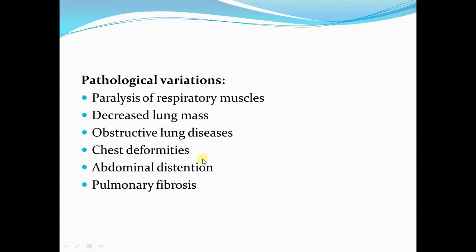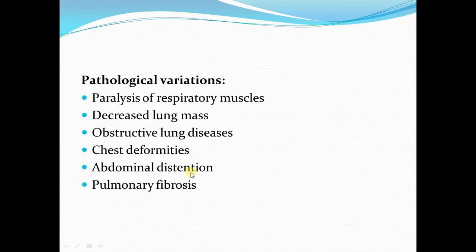Then chest deformities also interfere with the lungs' expansion, and they cause a decrease in lung volumes and capacities. Now, abdominal distension may be caused by ascites, which is the collection of free fluid in the abdominal cavity, or by pregnancy.